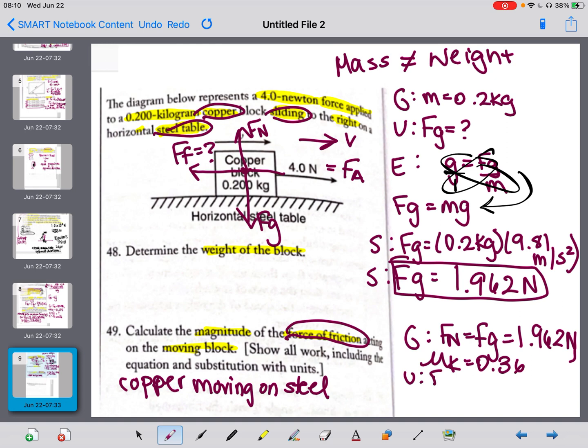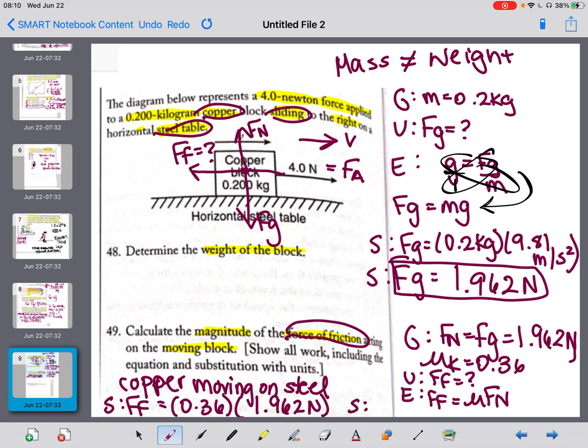My unknown is my force of friction. My equation, if you look on page 6, would be Ff equals mu Fn. You're going to substitute. We don't know what the frictional force is. That is the thing we're solving for. Mu is 0.36, which came from our reference table. Our normal force is 1.962 newtons. Again, you do not want to lose any points for not having units. You should get an answer of the following.